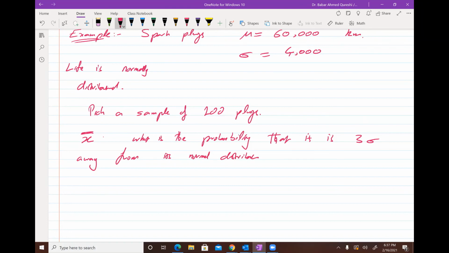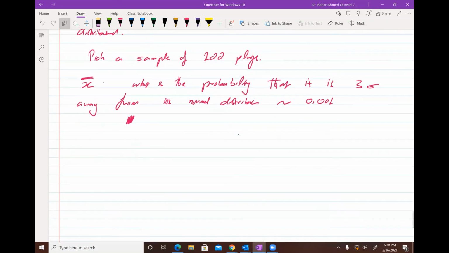We just found out that this is like having a standard normal and having 3 sigmas. This probability is about 0.001. So very little chance that this will happen.